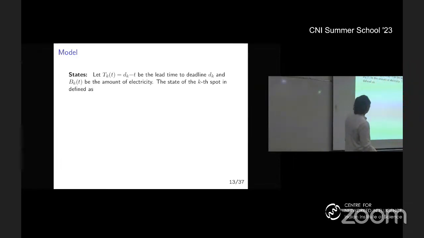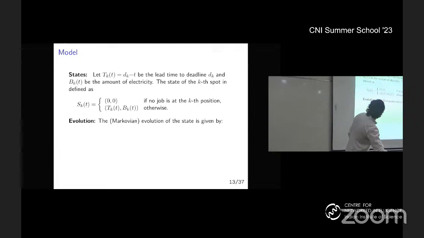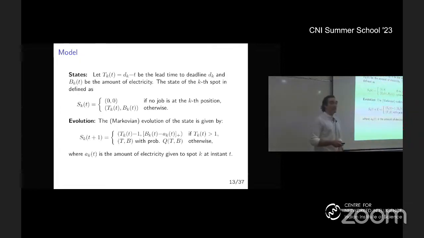And what is the state of the charging spot? It is (0, 0) if there is no job. Otherwise, it is the lead time to the deadline and the amount of electricity that has already been received at the current slot k.